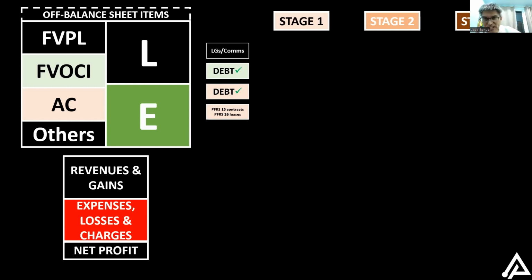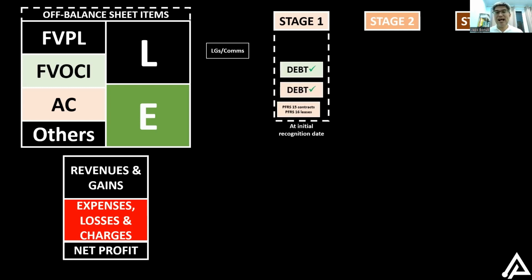Now, there are 3 stages in expected credit loss provisioning. All instruments fall under stage 1. At initial recognition, lahat yan basta pumasa sa credit standards ng company, stage 1.